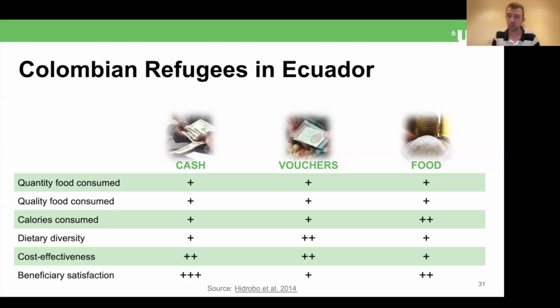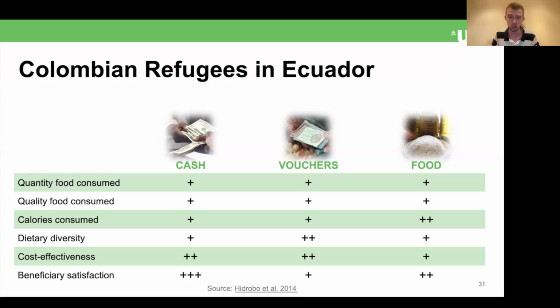And finally, they also look at the satisfaction of the beneficiaries, so those that are receiving the money. And here they find a very, very big effect on cash. So the satisfaction with the program is significantly higher when providing cash relative to vouchers and food packages. Okay, and all of these elements can be taken into account then to design the next phase of this program.